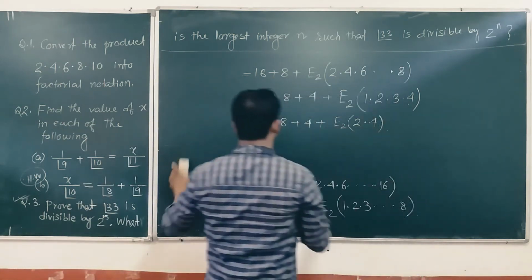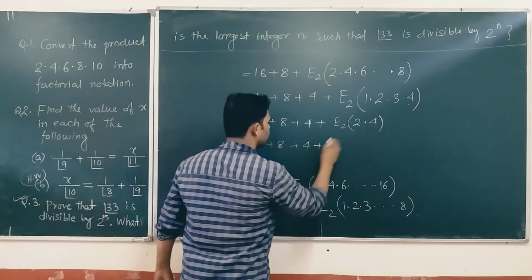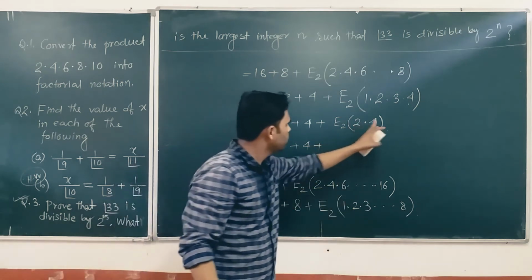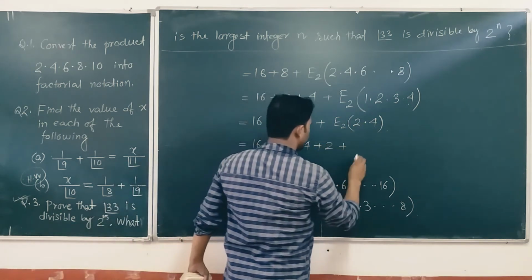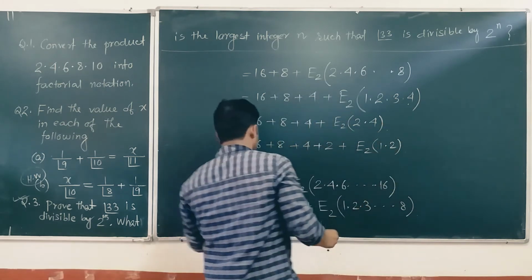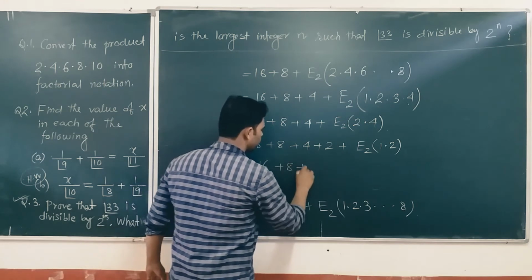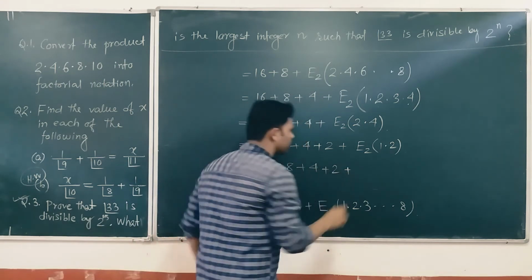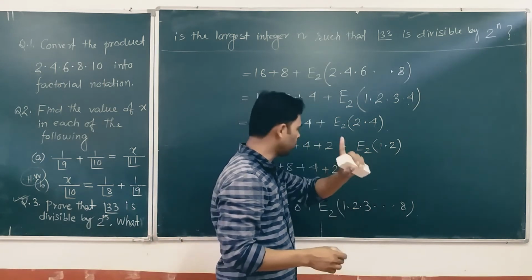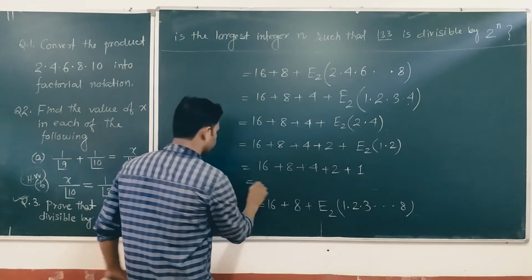So it is equal to 16 plus 8 plus 4, then plus how many 2s will be there, 1 2, two will come, plus 2 plus e2 of 1 into 2, and after that is equal 16 8 4 2, then plus from here how many 2s will be there? Only 1. Power of 2 is 1 only, so it is 1 only.